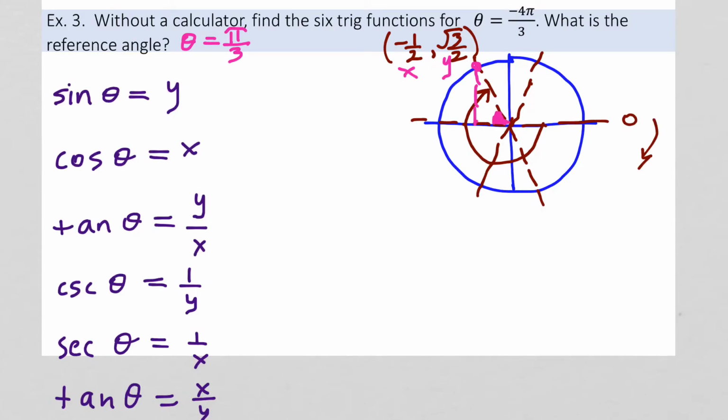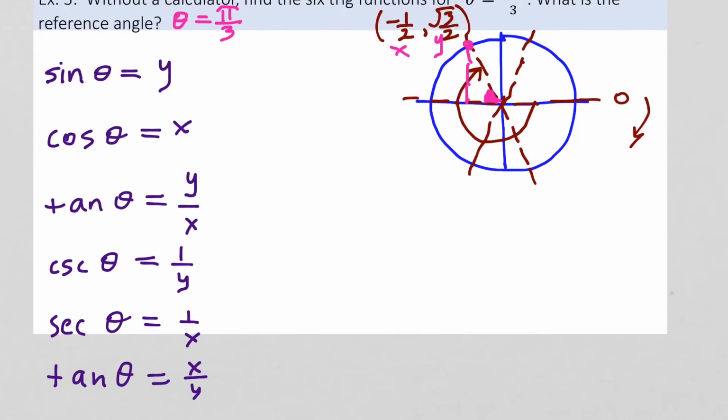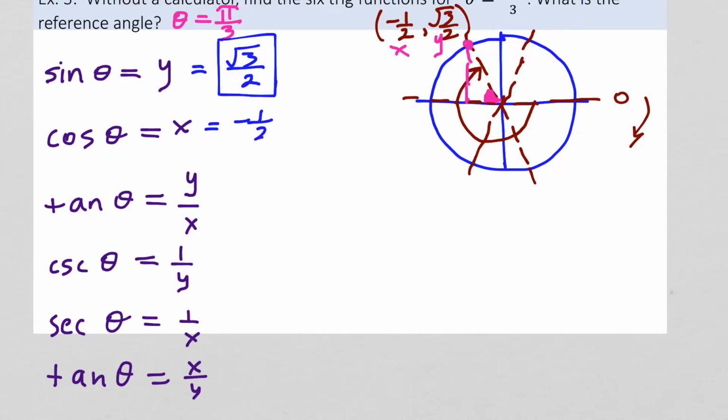All right, just to save time, I wrote down everything I'm looking for on the left there and made a little chart. So the sine of theta is my y-coordinate, which is root 3 over 2. My cosine is my x-coordinate, which is negative in the second quadrant, negative 1/2.